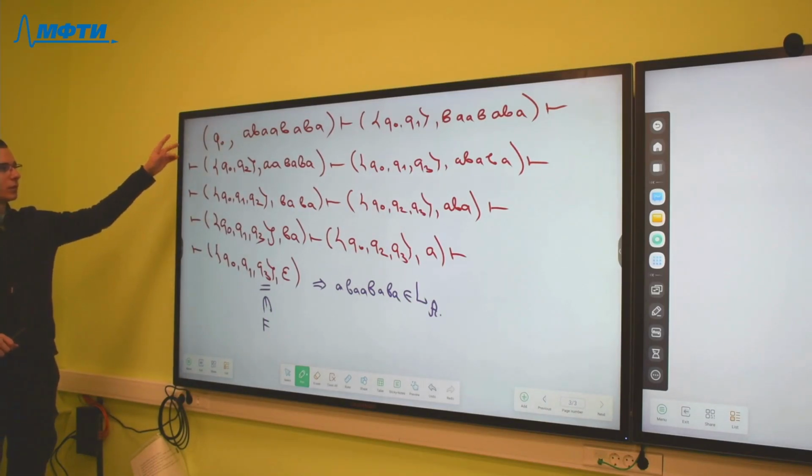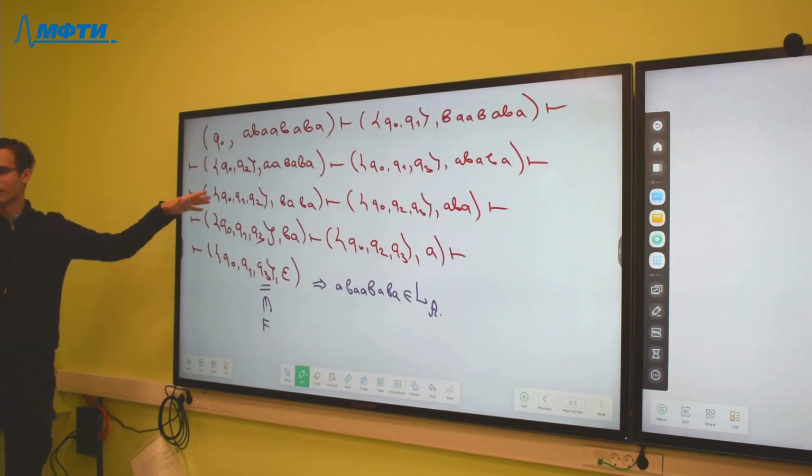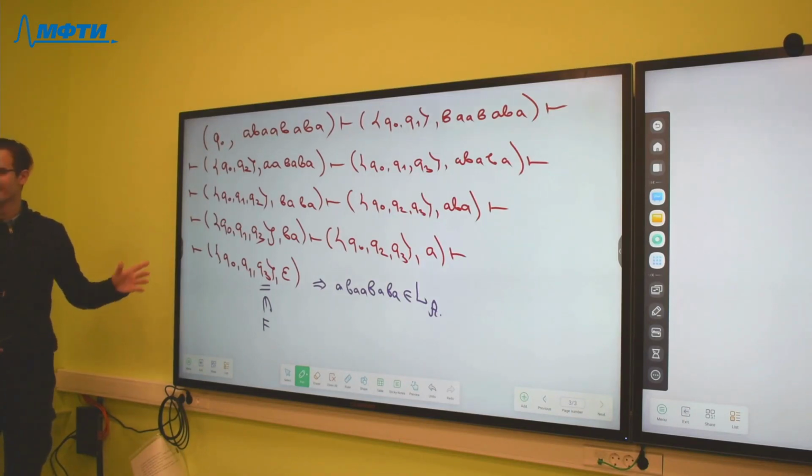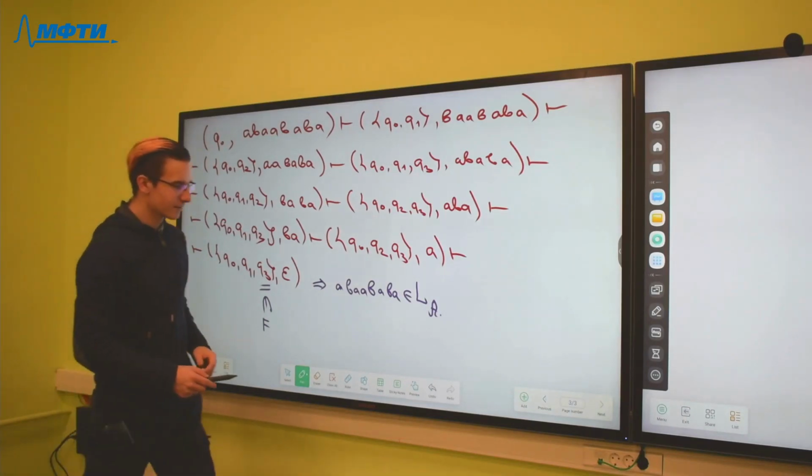So in the books of the automaton theory, you can see such configuration transitions. So don't be afraid of it. Okay.